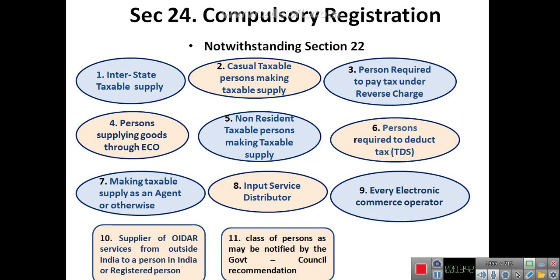Suppliers of OIDAR services, online information database access and retrieval services, from outside India to a person in India or a registered person, also have to register. This is an example like Netflix, Hotstar or other information database services which provide these services from outside India to a person in India, either registered or unregistered.